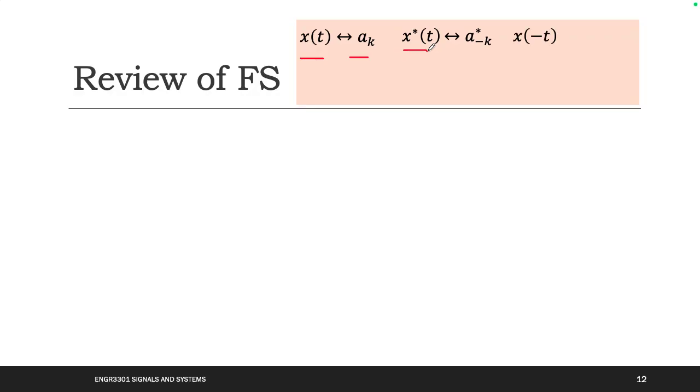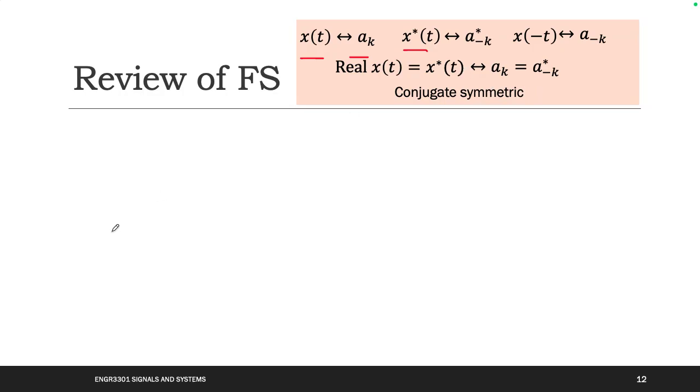This is the symmetric property we learned for FS coefficients. For a real signal, a_k has the property we call conjugate symmetric.